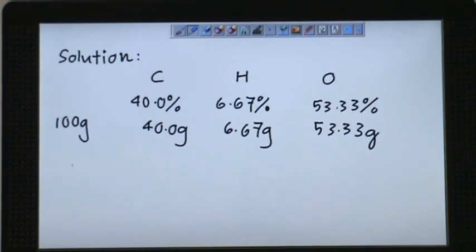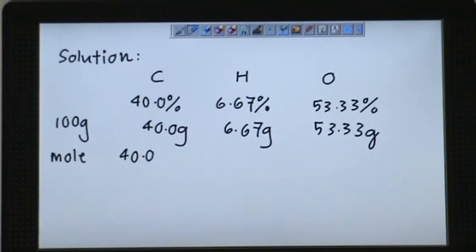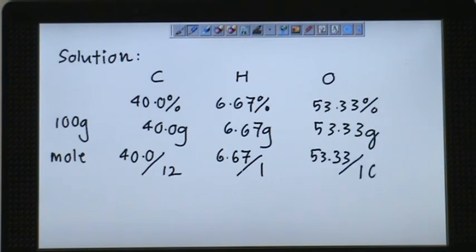Now we proceed. Remember the second step, we find the number of moles. 40.0 divided by the relative mass of carbon, which is 12. And then you have 6.67 divided by 1 because the relative mass of hydrogen is 1. And then you have 53.33, you divide by 16 because the relative mass of oxygen is 16. So we want the smallest number.